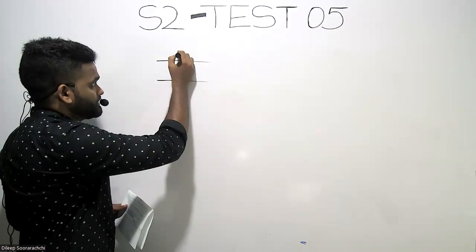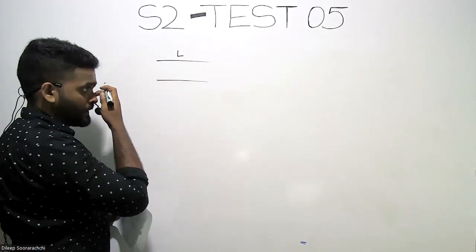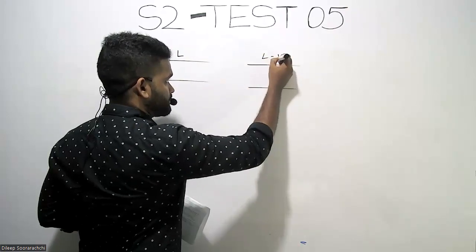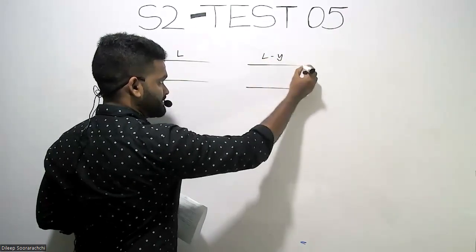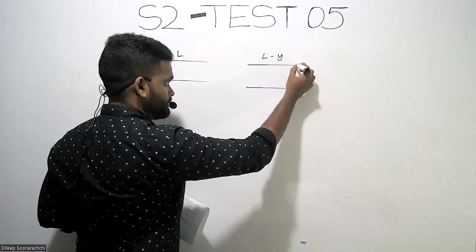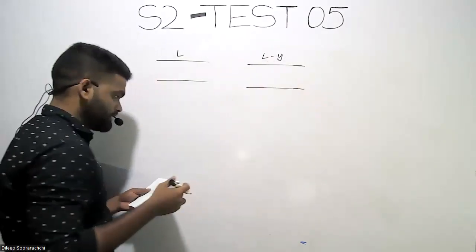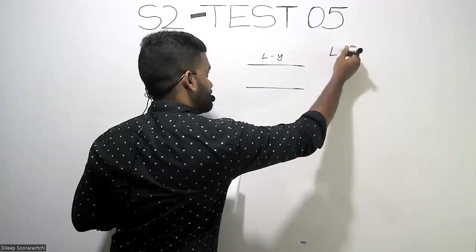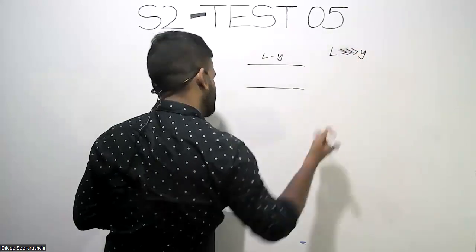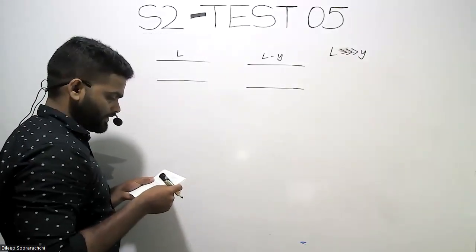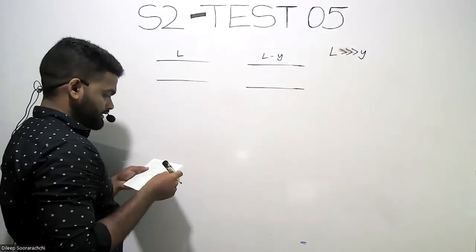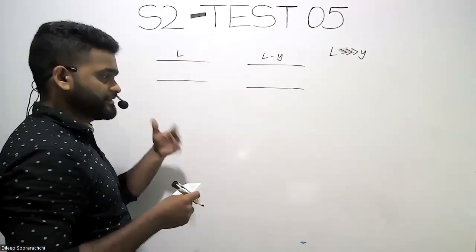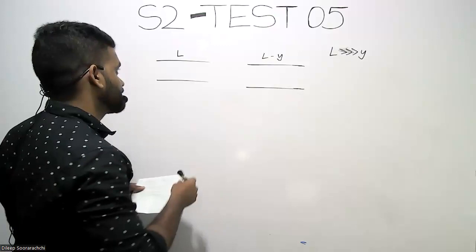The length of one pipe is capital L. The length of the other pipe is L minus y, since its length is reduced by y amount. Also they say that y is very small. Then they are vibrated at their fundamental frequencies.